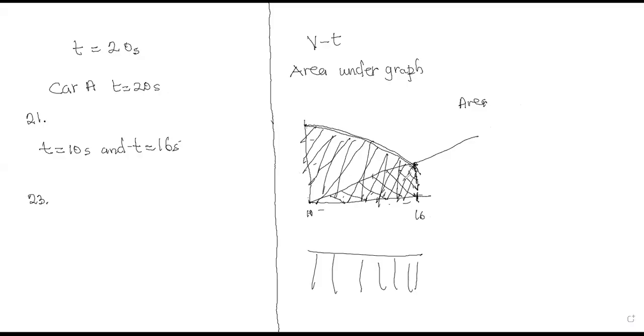All other areas are lesser than car A, and once the area is greater, it means the distance covered would also be greater. So this is actually by visual inspection. We can calculate it, but you can easily determine this using your eyes, just to check. Marilyn, are you okay? Yes, sir. All right.